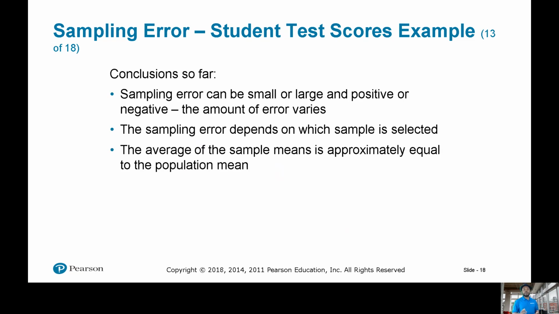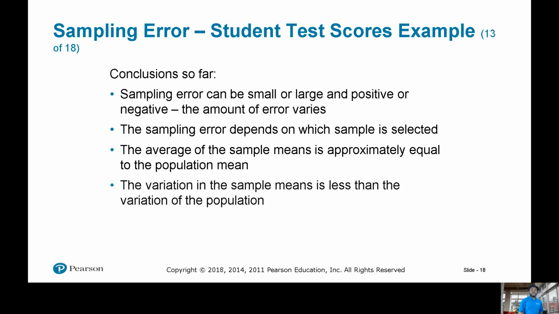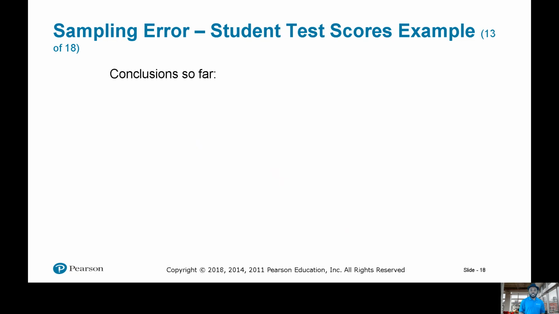So the average of the sample means is approximately equal to the population mean. That shows that we can estimate our population mean from the distribution of our sample means. Now, the variation in the sample means is less than the variation in the population.